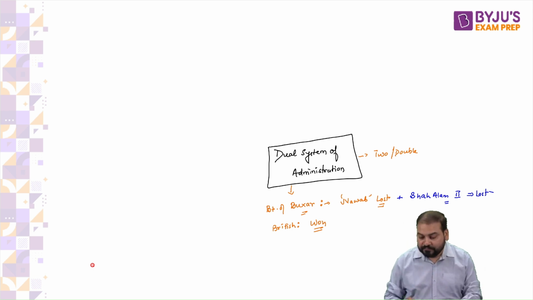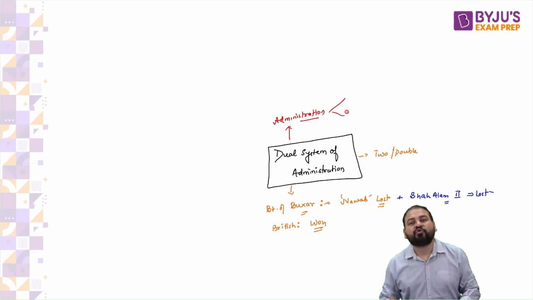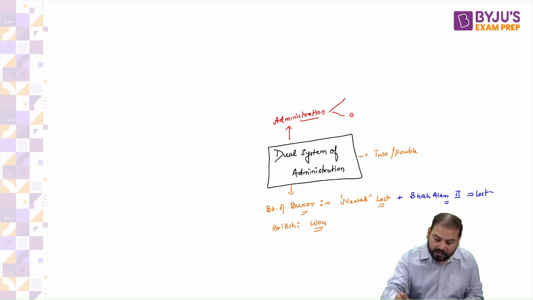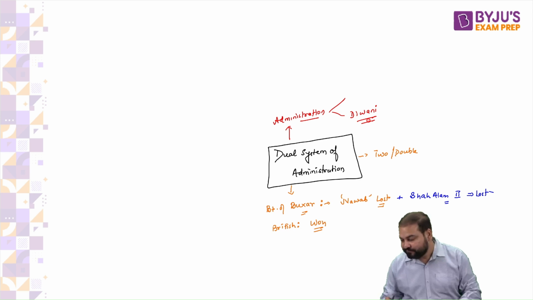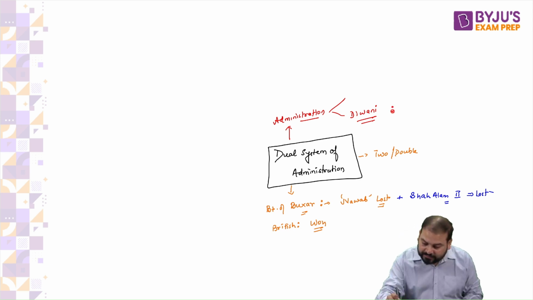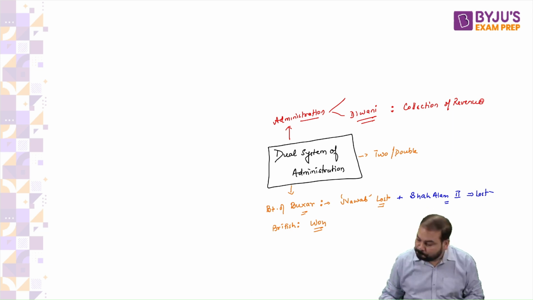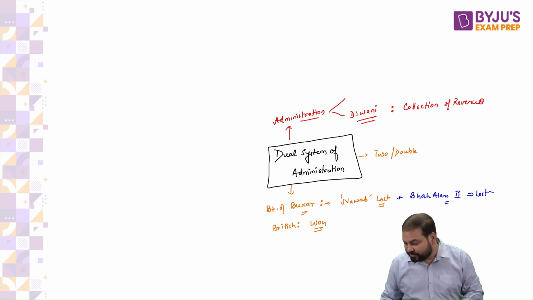Now remember, in those days, when it comes to administration, there were two major functions. One function was called Diwani. Everyone, what is Diwani? Diwani is the work that is called collection of revenue, tax collection.